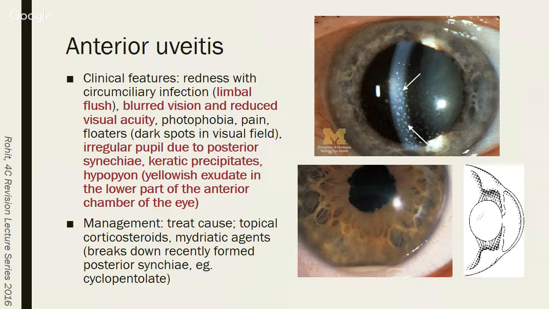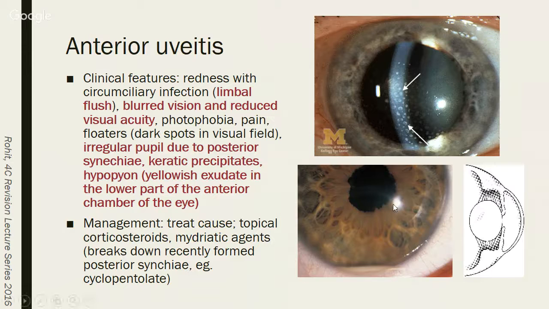So it gets stuck to the lens, and as it gets stuck to the lens, it has this irregular appearance. Where'd my pointer go? It has this irregularity here, so posterior synechiae. You can also get the lens pushing up against the anterior part of the eye as well, and that's called anterior synechiae. But this is obviously important because the fluid drains through here, so it can't drain if you get posterior synechiae. We'll come back to that later.